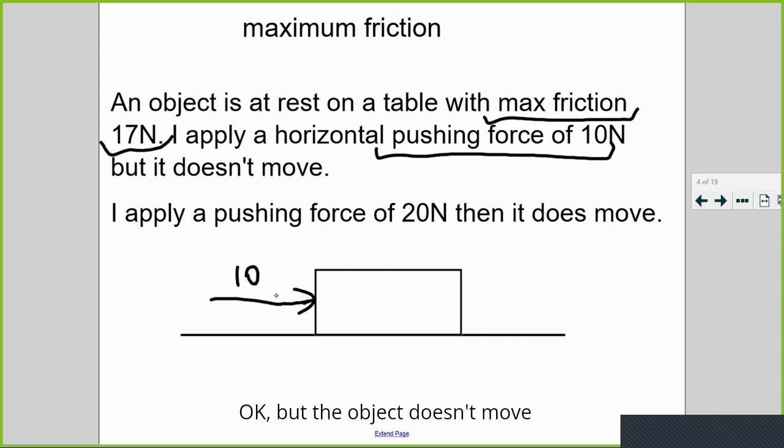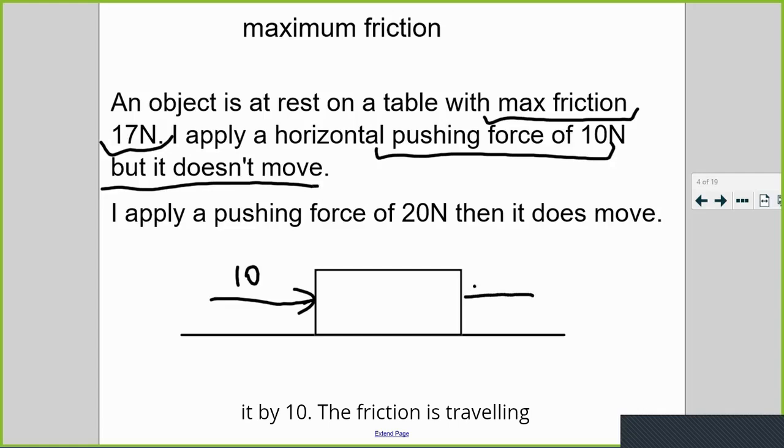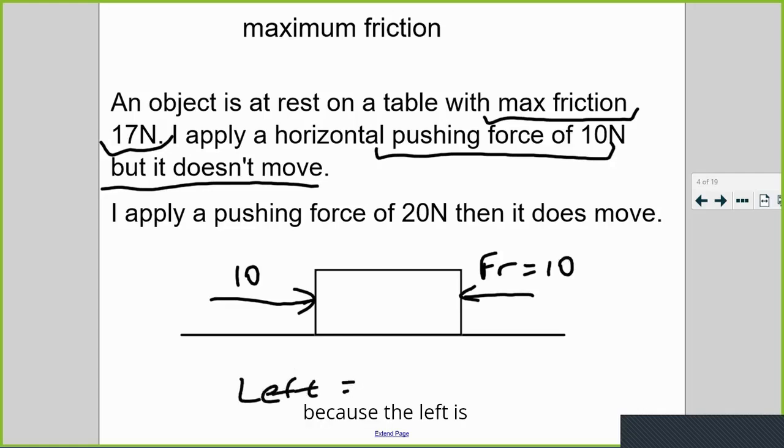But the object doesn't move. What that means is I'm pushing it by 10, and the friction is acting opposite by 10. Now this keeps the particle at rest, because the left is equal to right. This means that the object is not moving because the resultant is 0.